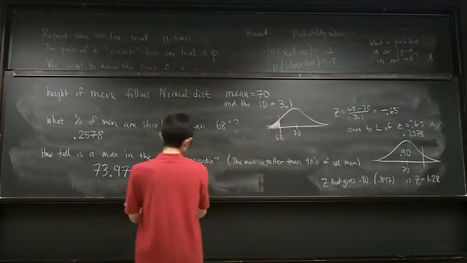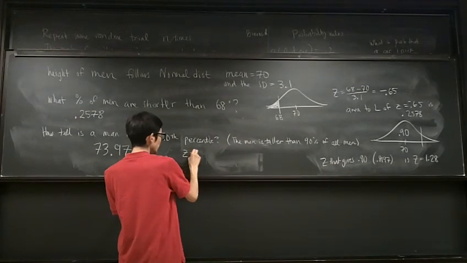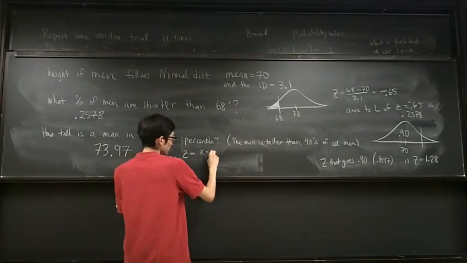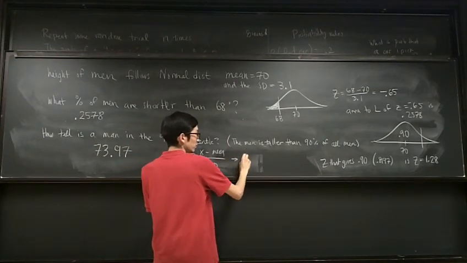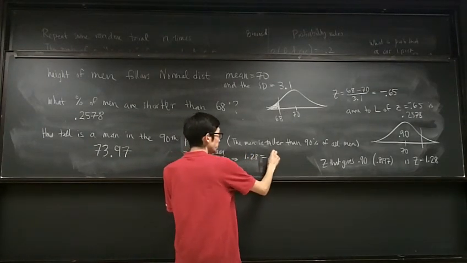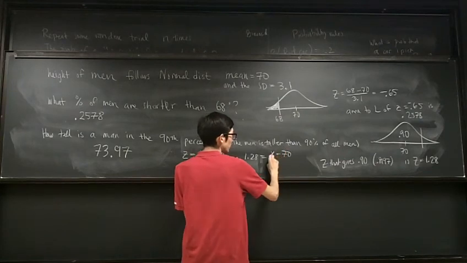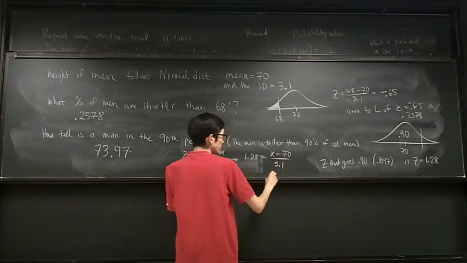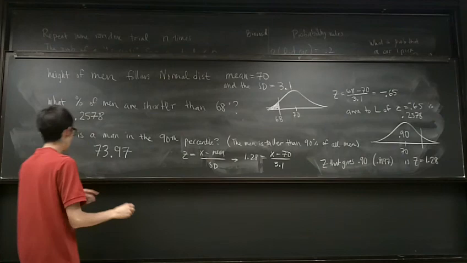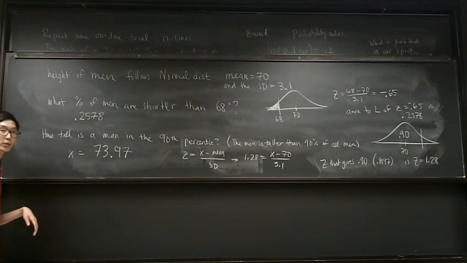Using z equals x minus the mean over the standard deviation, 1.28 is equal to x minus 70 over 3.1. Solving for x, I get x equals 73.97.